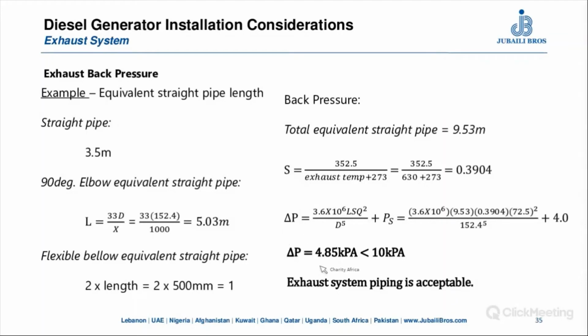Back pressure is equal to 4.85 kilopascal, which is less than the maximum allowed back pressure on the engine. That means our exhaust system piping is acceptable.